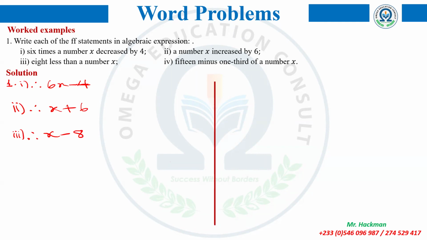What would that be? Sir, please, can you come again? A number x less than 8. Okay, how would you write it? 8 minus x. 8 minus x.